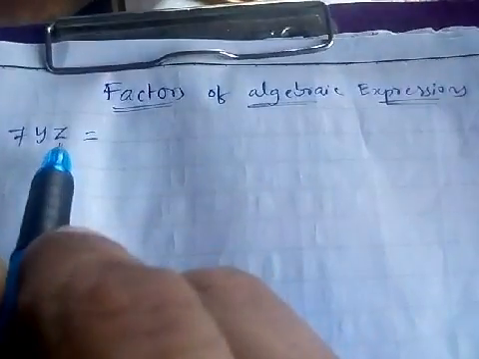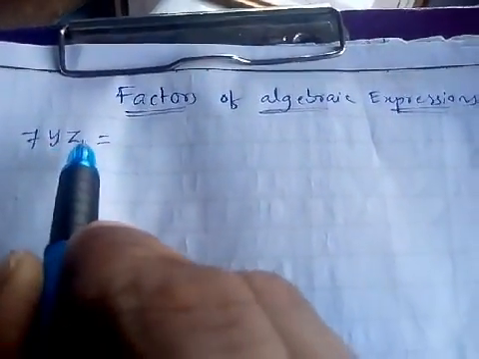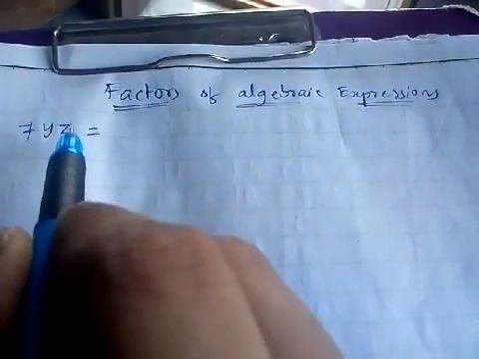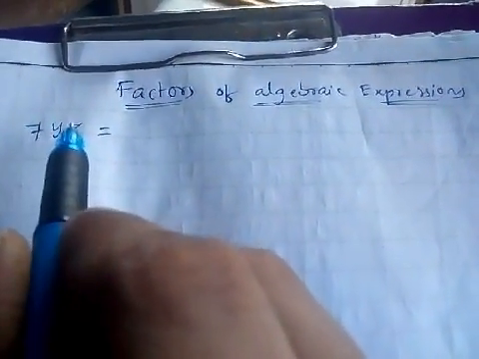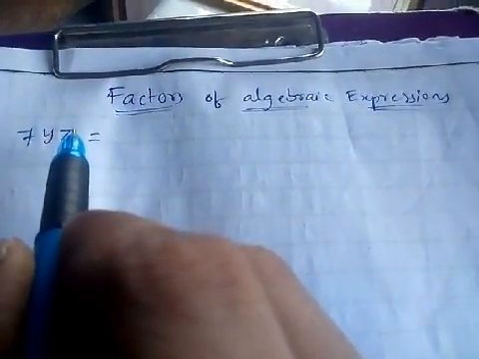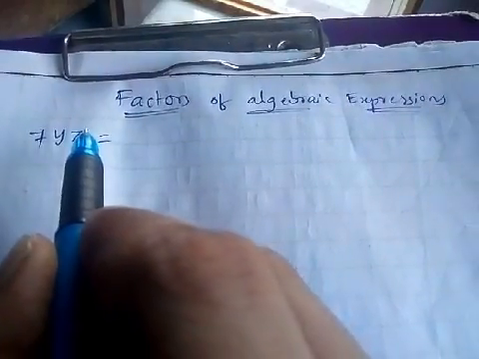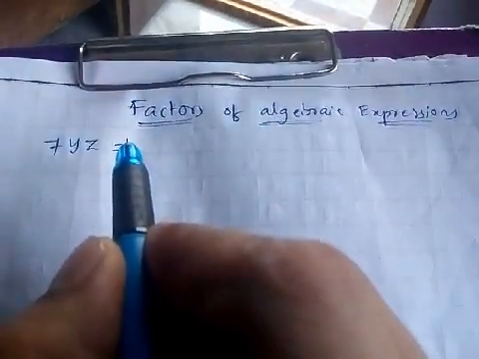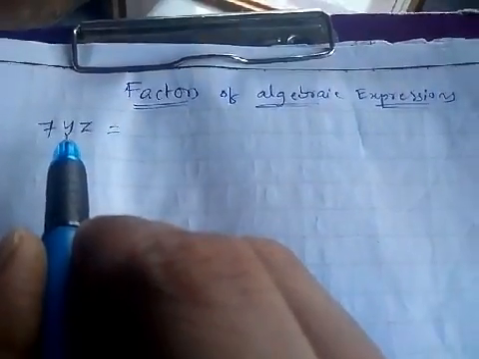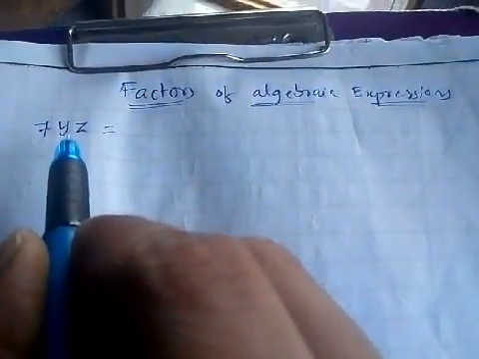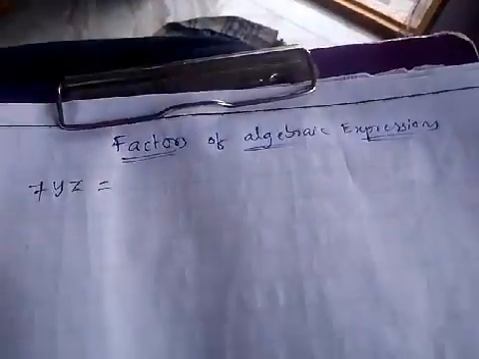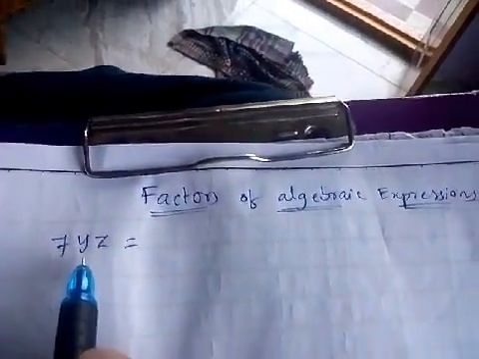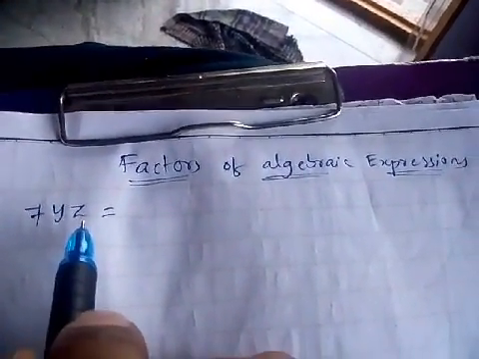Like the numbers, where we have seen how to write a number as a prime factorization, now let us learn how to find the factors of algebraic expressions. So let us take one example, 7yz. Here 7 is a number, y is a variable, z is a variable.